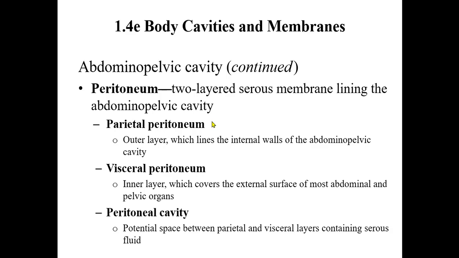That has to do with the sides of your abdominal cavity. So the sides of your abdominal cavity are parietal peritoneum. Then we have visceral. Visceral is the front part of your abdominal cavity.